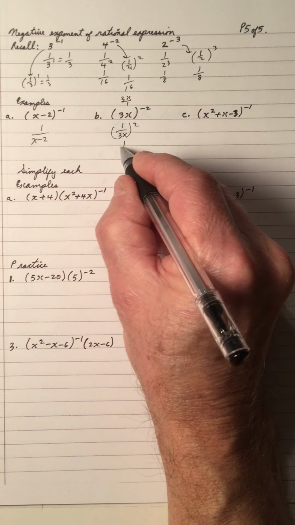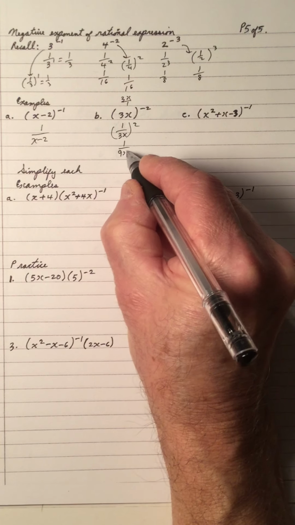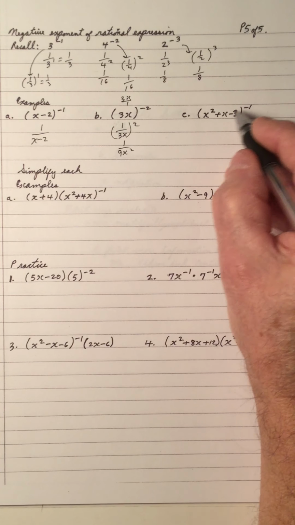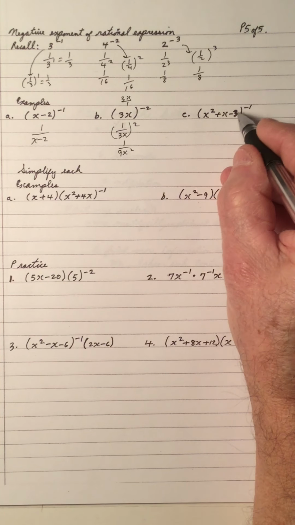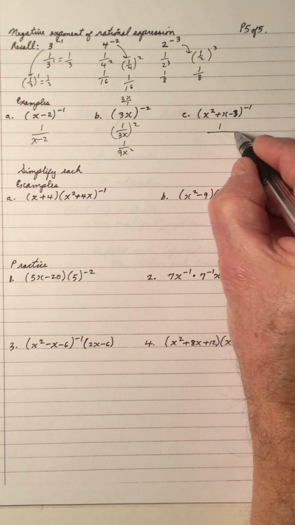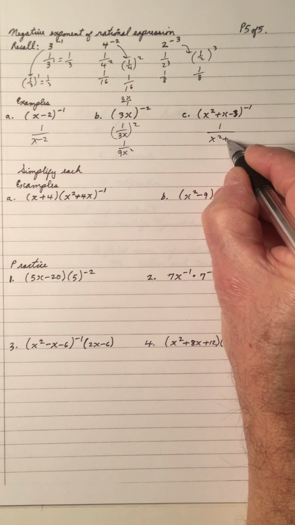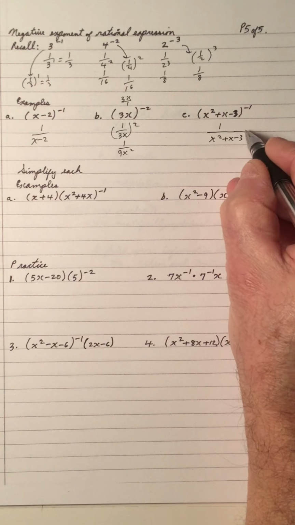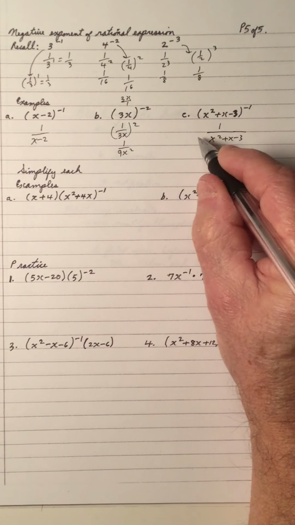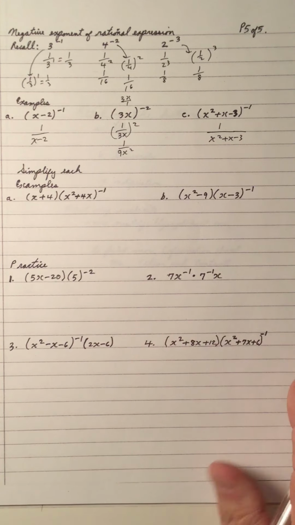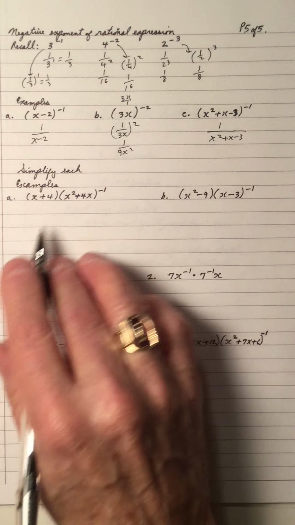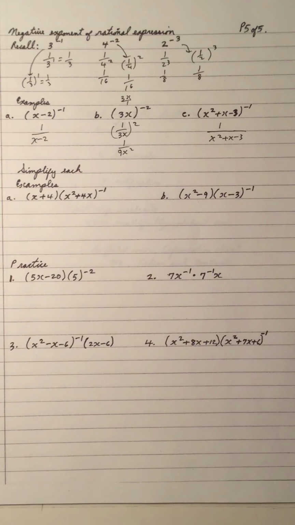And 1 times 1 is 1. 3 times 3 is 9x squared. And notice, this is all raised to the negative 1, so that's 1 over x squared plus x minus 3. And because it's to the 1 power, understood. So I'm going to use that to my advantage here to simplify these, because we shouldn't have any negative exponents.